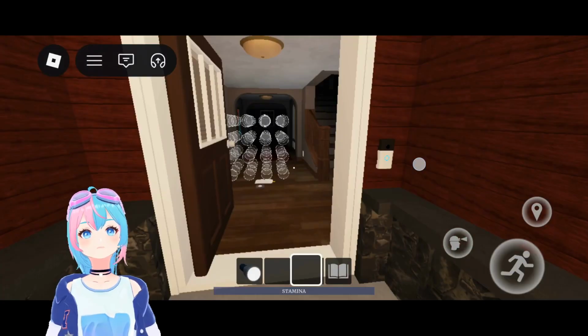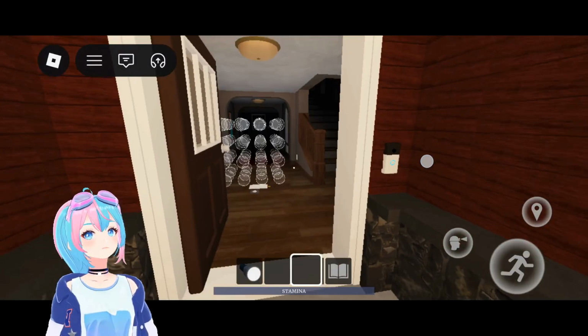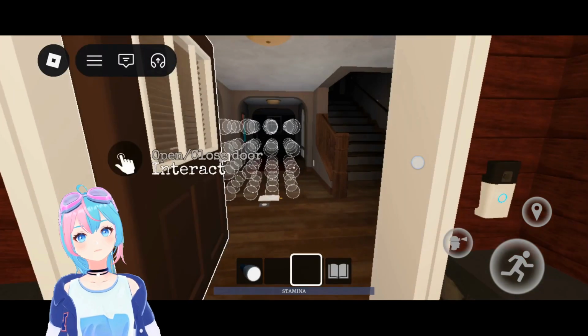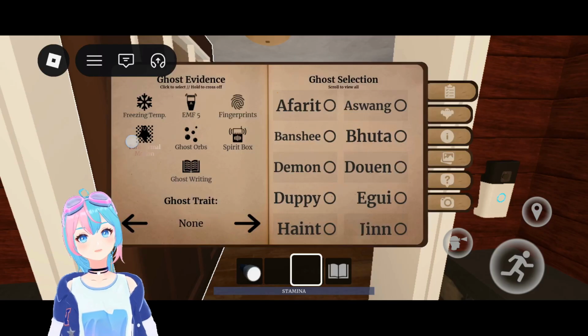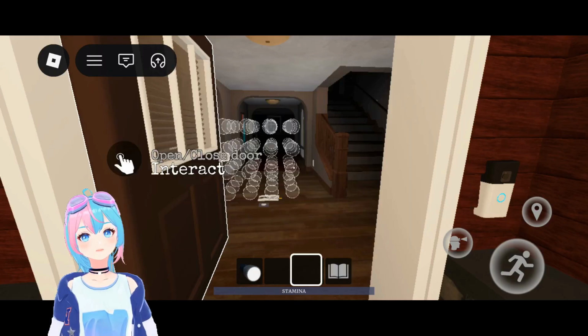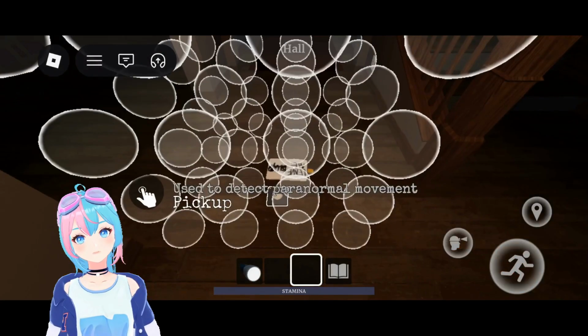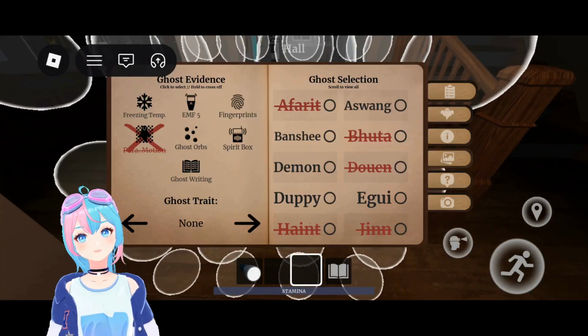And the ghost was using the toilet. The motion sensor just turned blue, so we're going to open the journal and cross it, and there's writing on the book, so we're going to circle ghost writing.